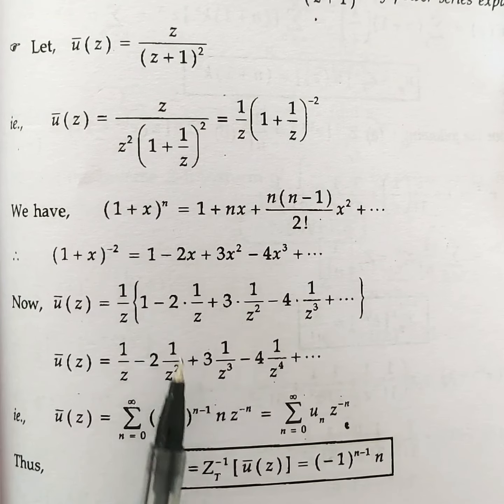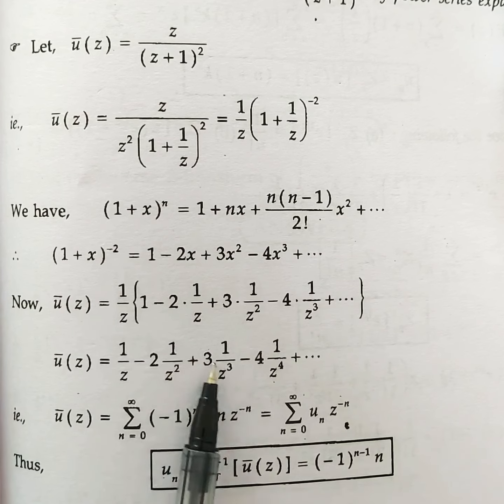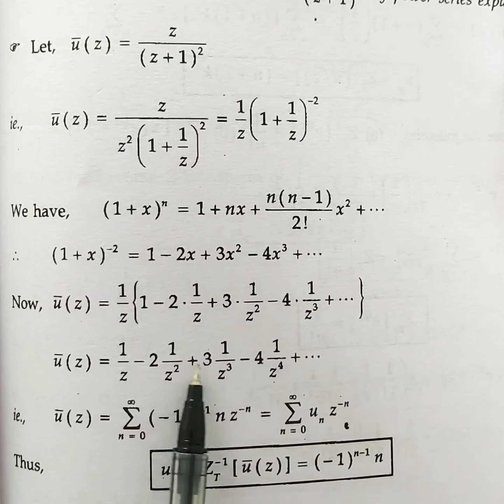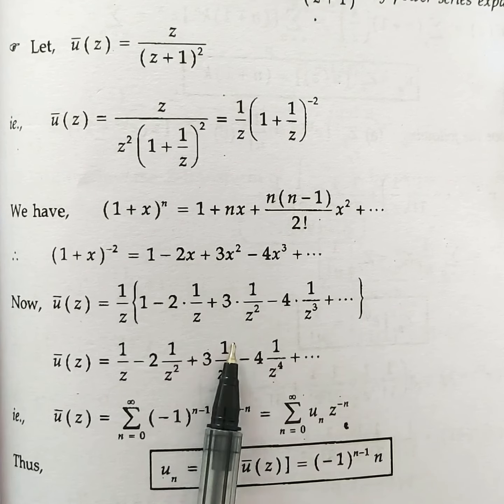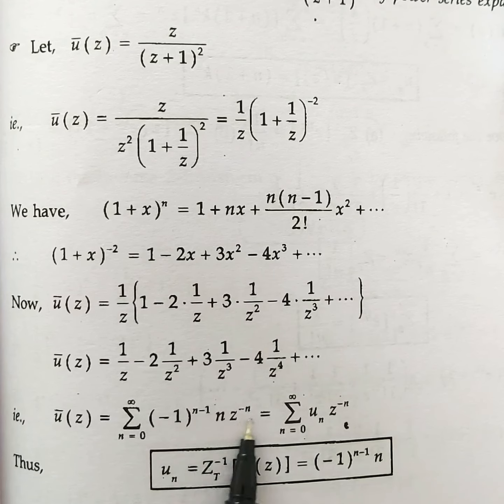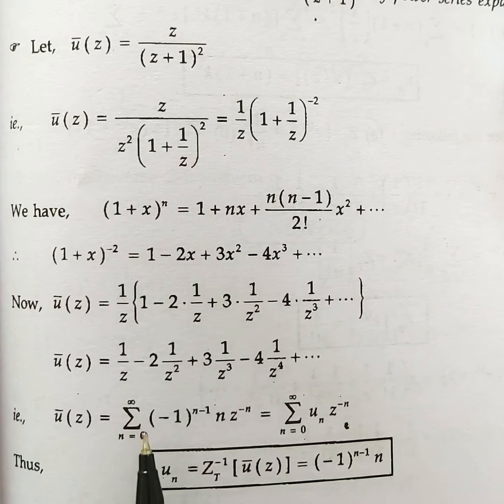Now it's easy for you. Here n z power n in the denominator, so you can fix this. Denominator z power n means numerator z power minus n, it already came in formula format, n z power minus n. Now we only have to fix the sign issue.